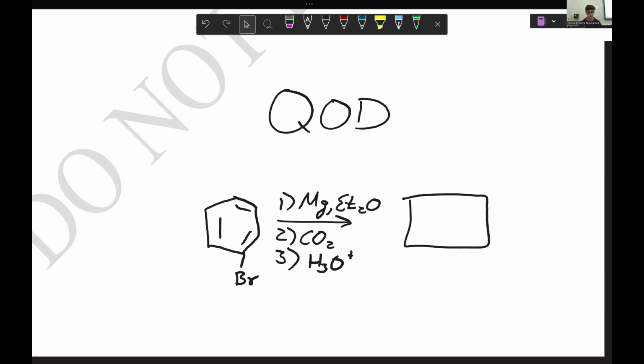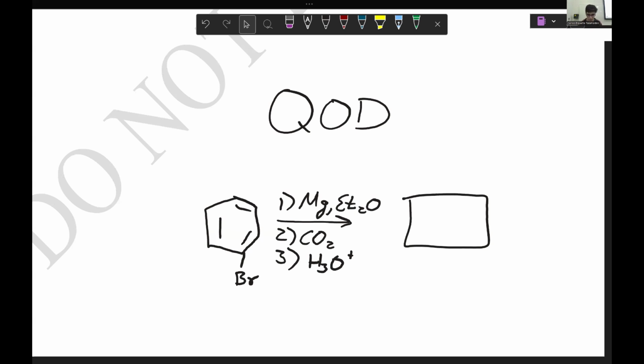I have a Br on a benzene ring, so then you're reacting it with Mg to turn into a Grignard. And then it reacts with CO2 and forms that ionic intermediate, and you react it with H3O+ to protonate it. Okay, yeah.